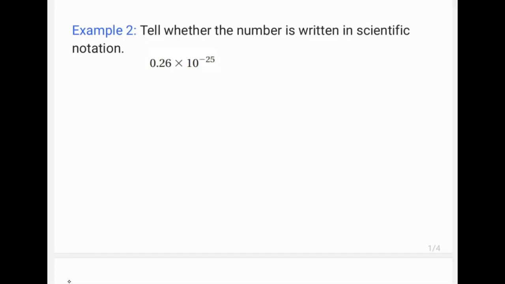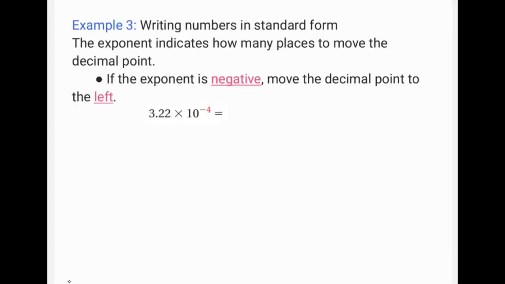If we wrote that into the correct scientific notation, our first factor number would be 2.6, and then we would have to change our exponent because we have moved our decimal place. But we'll talk about the movement in the next examples. We want to make sure that our factor is always a 1-digit number and it ranges between 1 to 9.